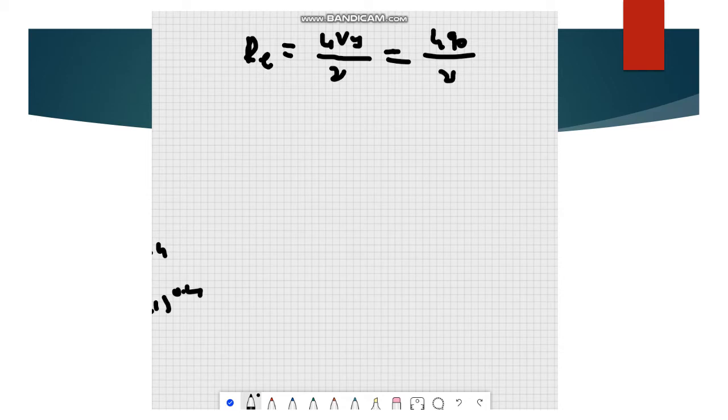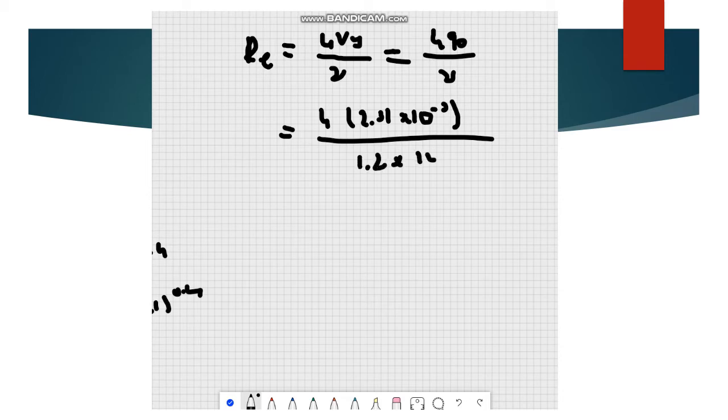So it is 4 multiplied by 2.31 times 10 to the minus 3, over the kinematic viscosity, 1.2 multiplied by 10 to the minus 5. When we substitute and calculate, 770 is our Reynolds number.